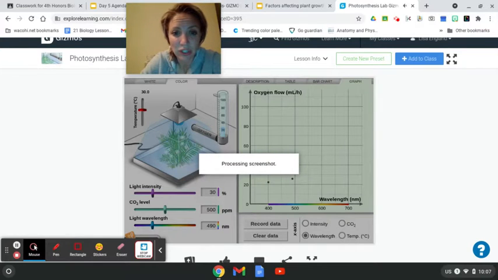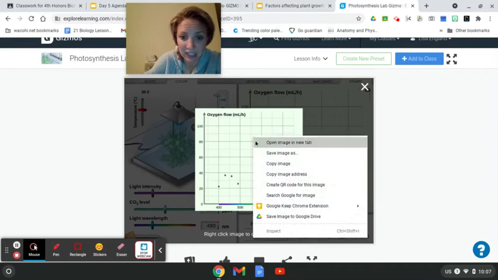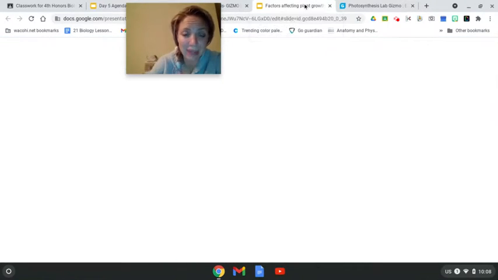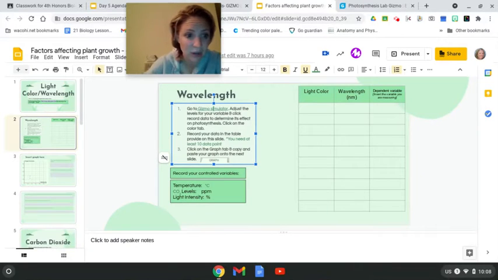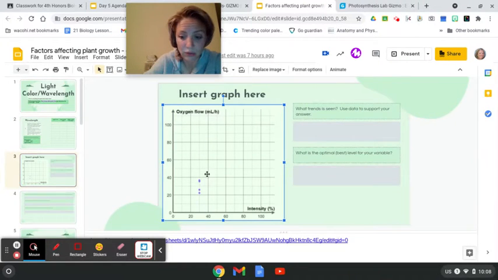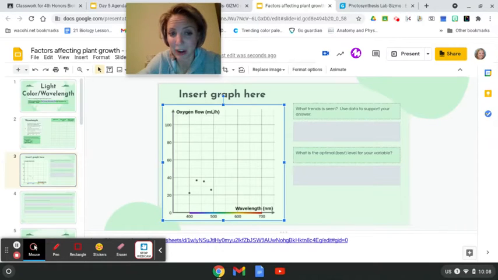And it's actually going to take my graph, and I can just click copy image. And then I can go to my assignment and paste it where it says insert graph here. So Control V, and I can paste my graph.